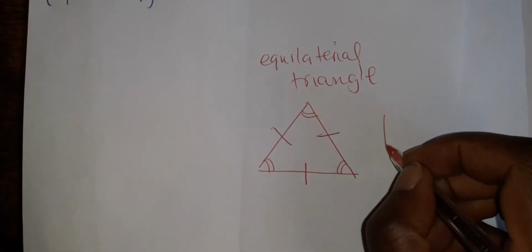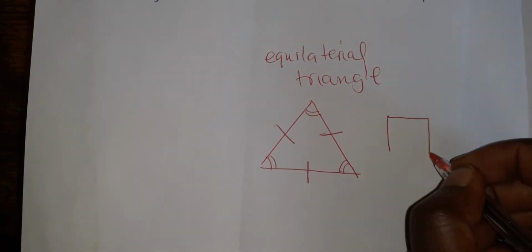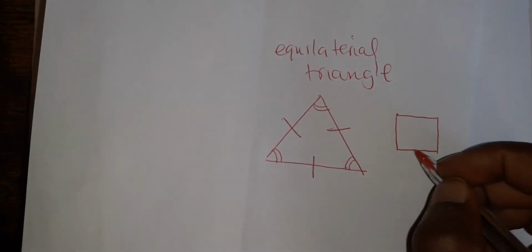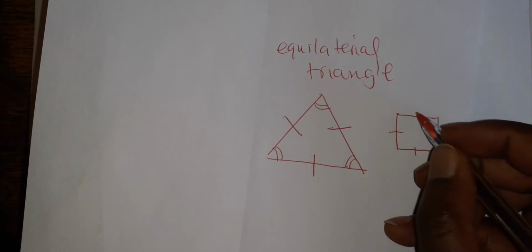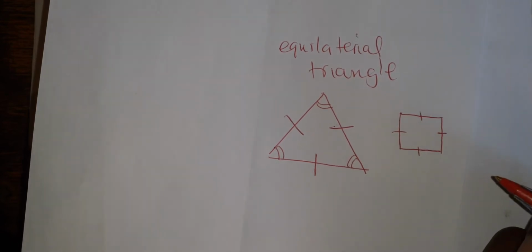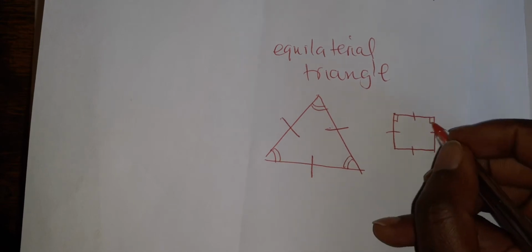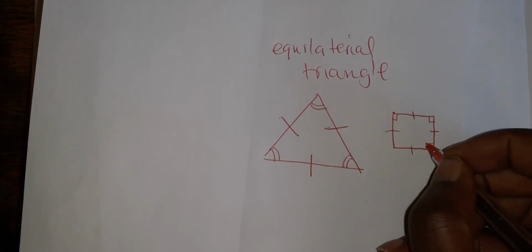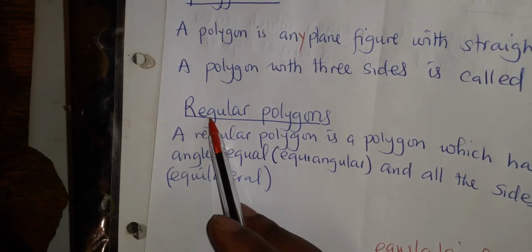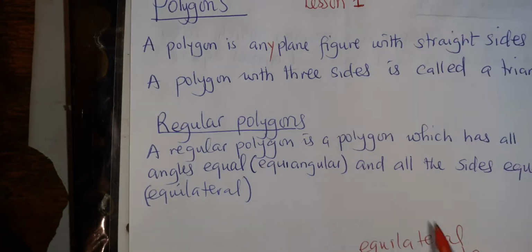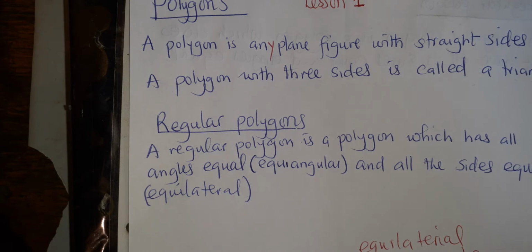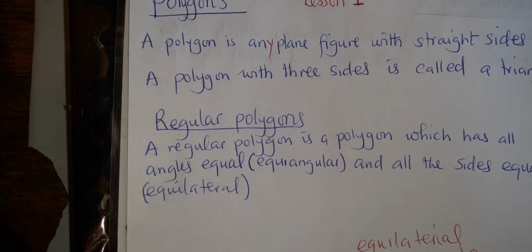You can also have a polygon like a square here. All four sides are equal, and the four interior angles are also equal. These are what we call regular polygons: a polygon which has all the sides equal and all the angles equal.